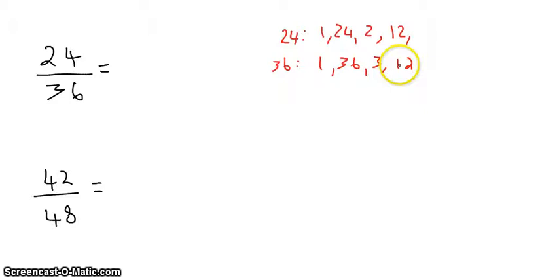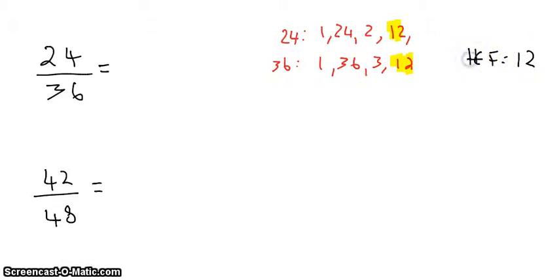Whoop, I've got a common factor I can deal with. Is there any higher ones? 13 doesn't go into 24, 14 doesn't. So 12, and even if you can't find any more, find your common one, start there, and then work your way down. So 12 is my highest common factor there.